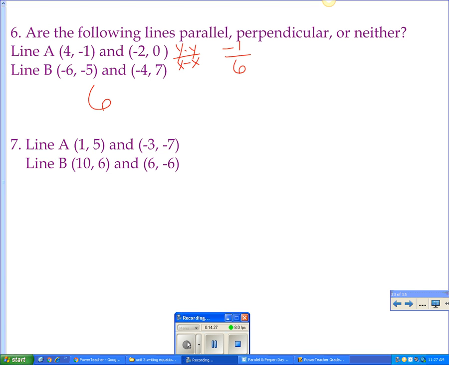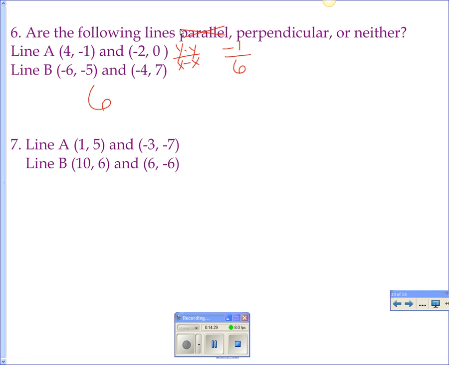They're not the same, so they're not parallel. Mary, are they perpendicular? Yep, why are they perpendicular? Good. If you flip 6 over 1, you get 1 over 6, and this one is positive and this one is negative, okay? So these are perpendicular. You can use the perpendicular symbol, or you can write perpendicular, okay?